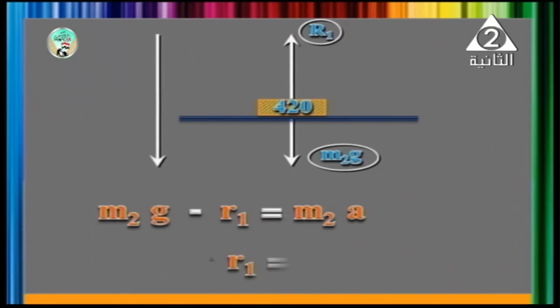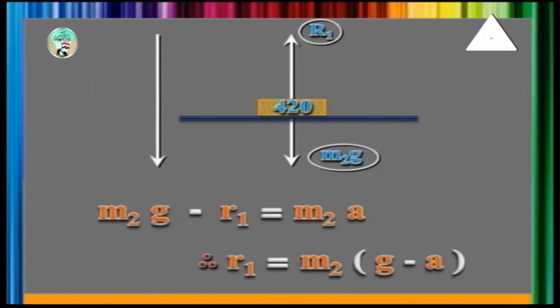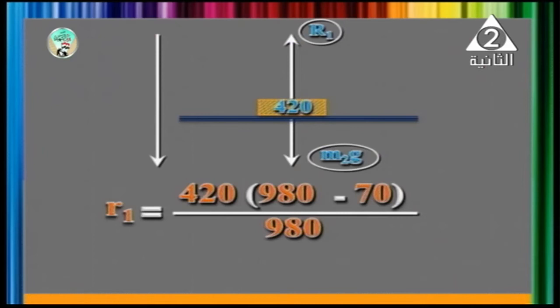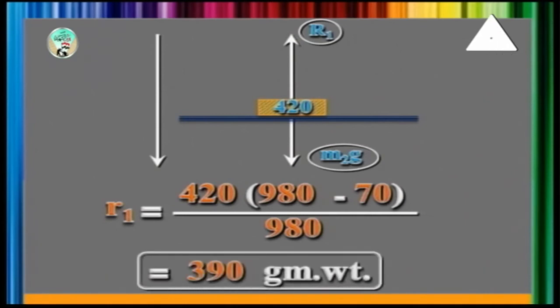My dear student, R1 by simplifying equals M2 multiplied by the bracket G minus A. Find the value of R1 by substitution. R1 equals 420 multiplied by (980 minus 70) over 980 equals 390 gram weight.